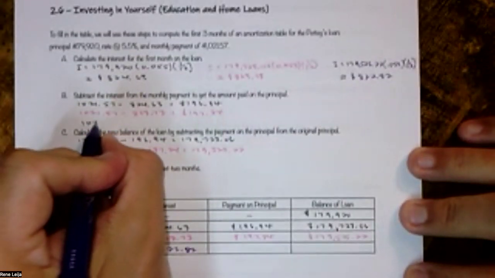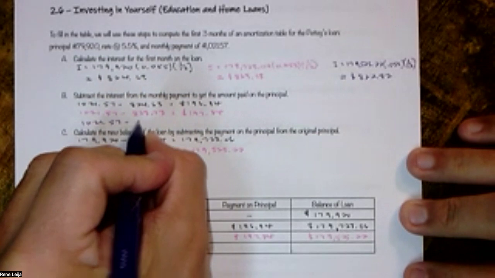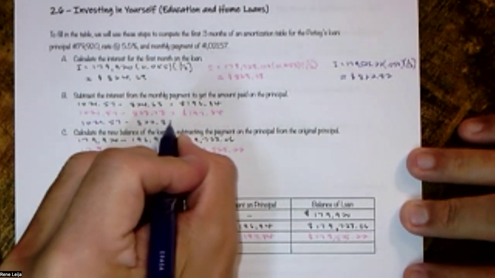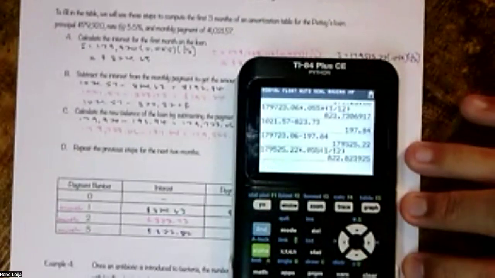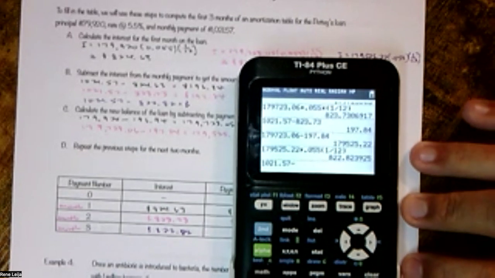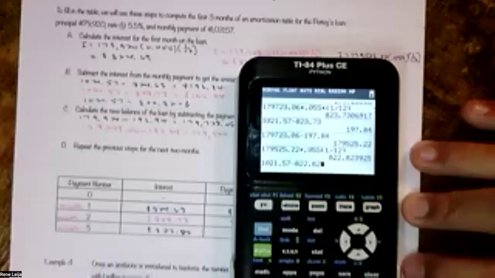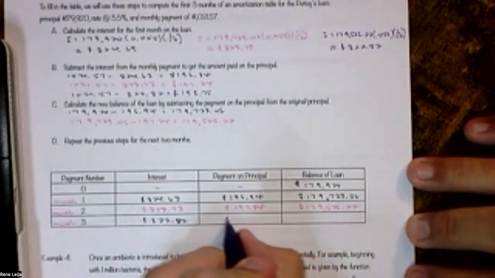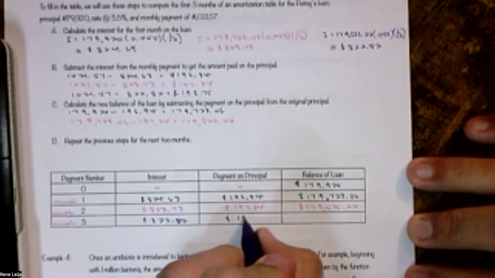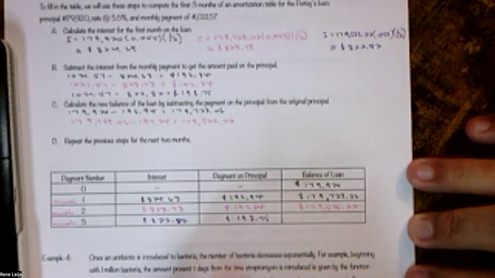Okay. Now we subtract that from our monthly payment. 1021.57 minus 822.82. So that's 198.75. Okay, that's what we write here. 198.75.